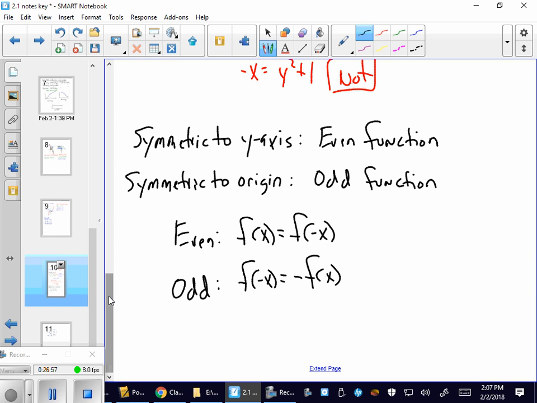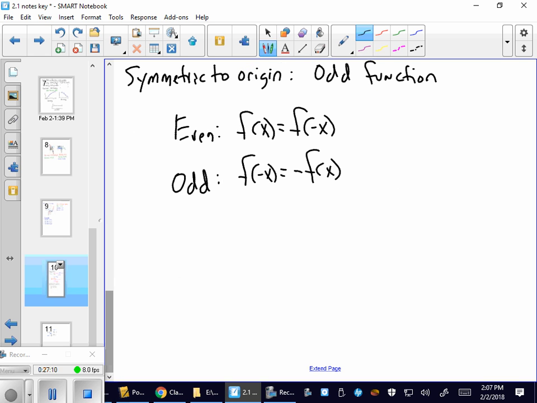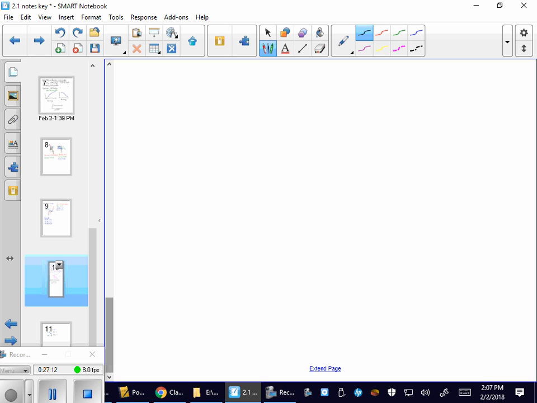So let's go ahead and see if we can identify whether a function is odd or even or neither, because that, again, happens quite frequently. All right. So let's have the function f of x equals x cubed minus 6x. We want to test to see whether this is an odd function, even function, or neither.